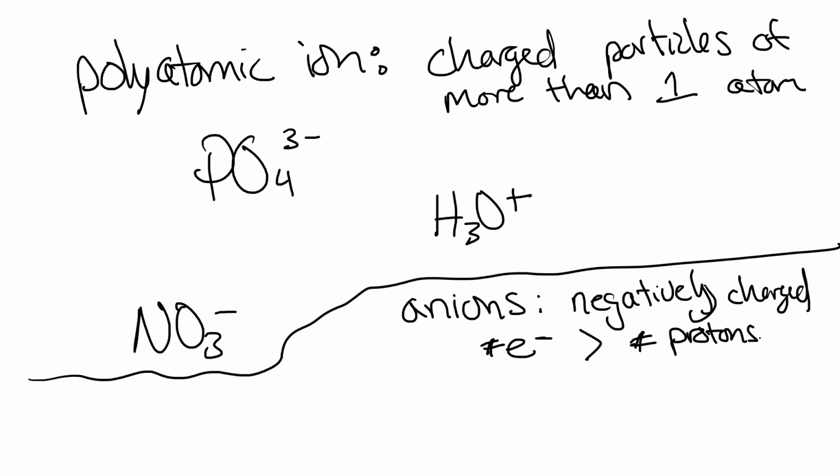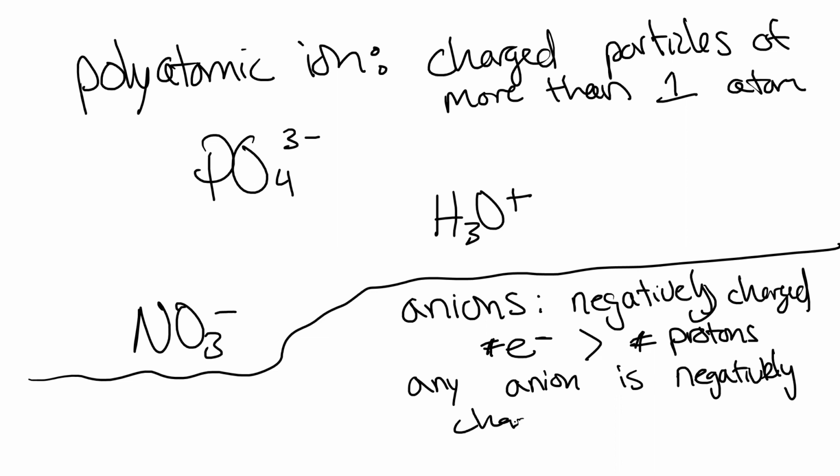You cannot change the number of protons in the nucleus, so therefore any anion is negatively charged because it gained electrons.